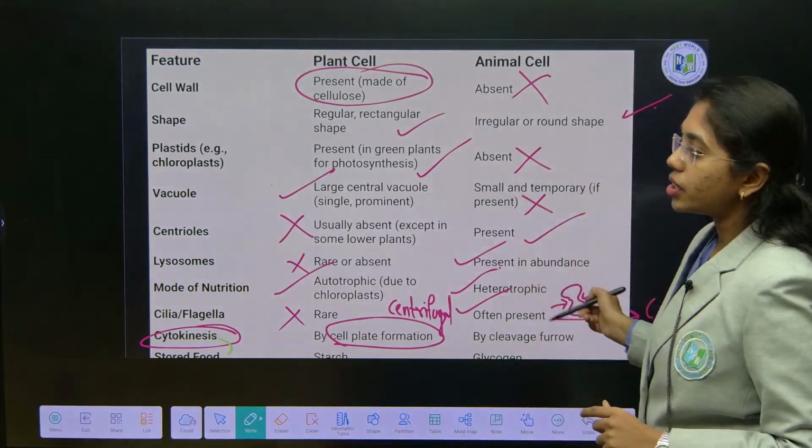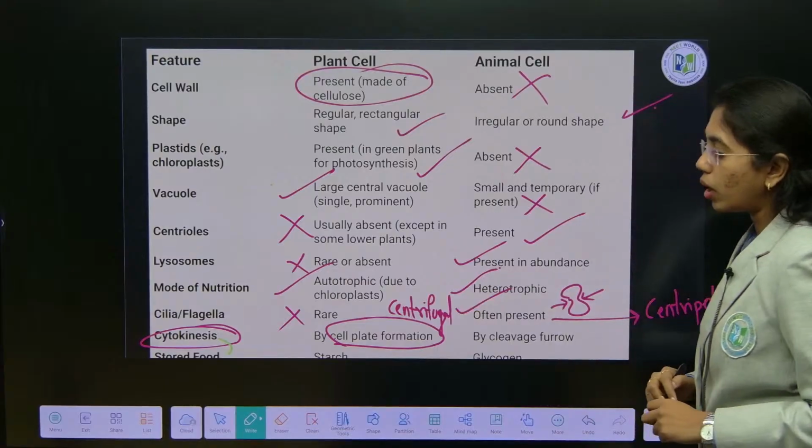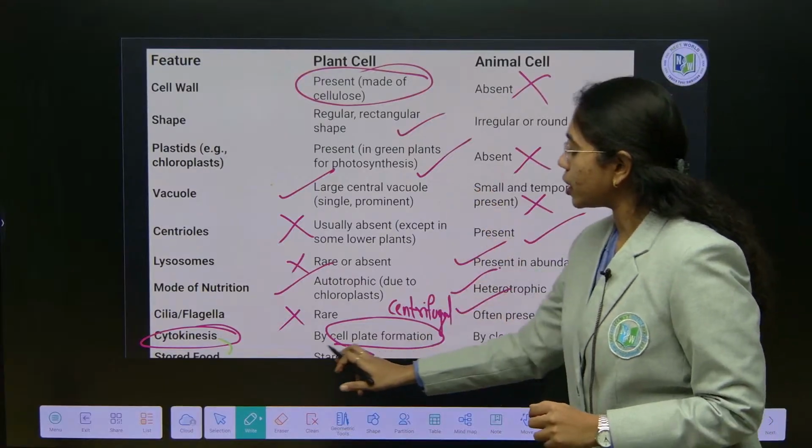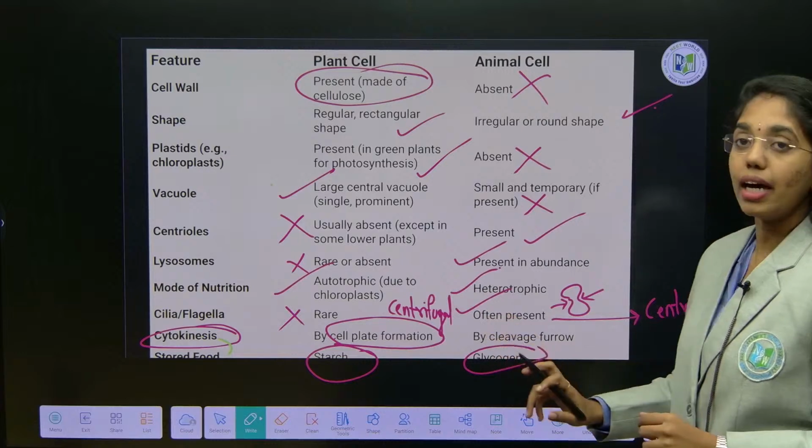Fine, right? This is centripetal and this is centrifugal. Stored food material is starch in a plant cell and glycogen in an animal cell.